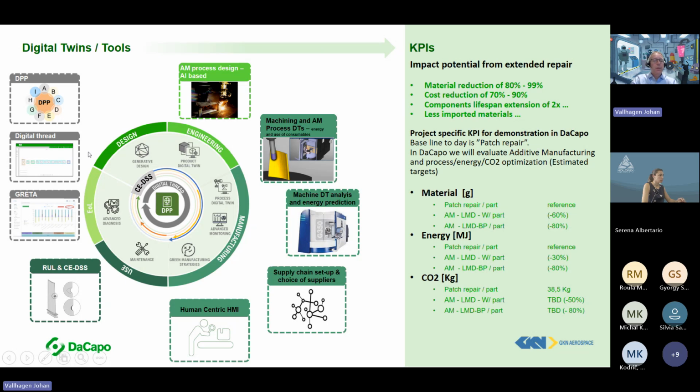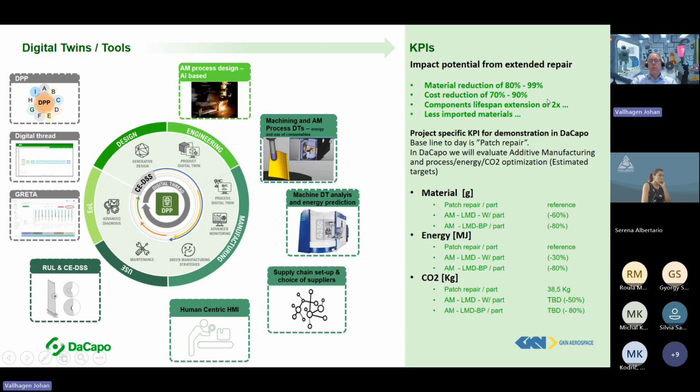Data management solutions or interoperability solutions with digital thread is extremely relevant and important to accomplish what I will show soon, and also so that we can make the right kind of assessments of the life cycle impact, or the life cycle assessment, of what we're doing.